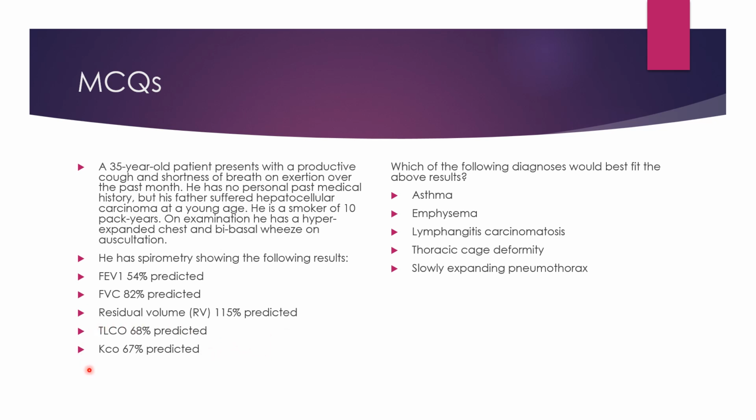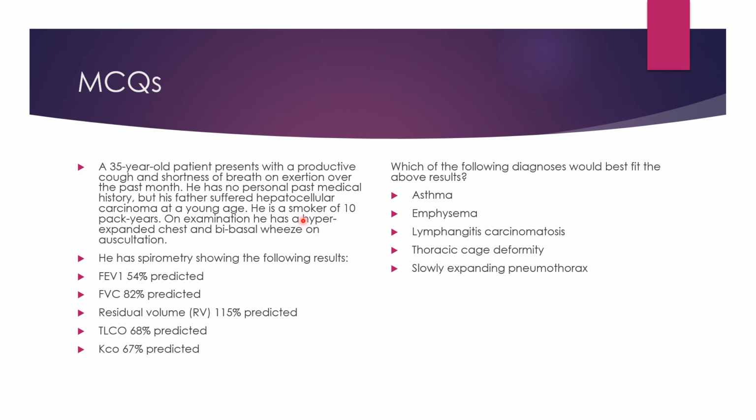So, the TLCO and KCO are reduced. So what is the obstructive lung disease that has a lower TLCO? It is nothing but emphysema. So the diagnosis here is emphysema, and the underlying condition could be alpha-1 antitrypsin deficiency, because in this question he has progressed very fast, as he has complained over the past month.